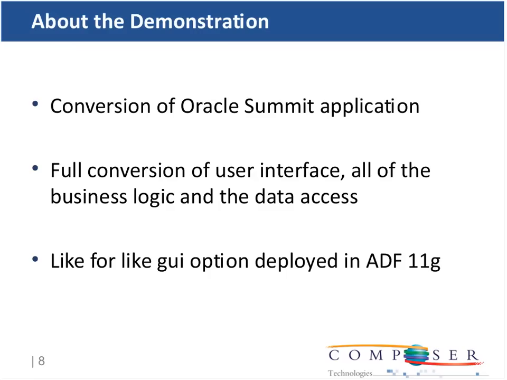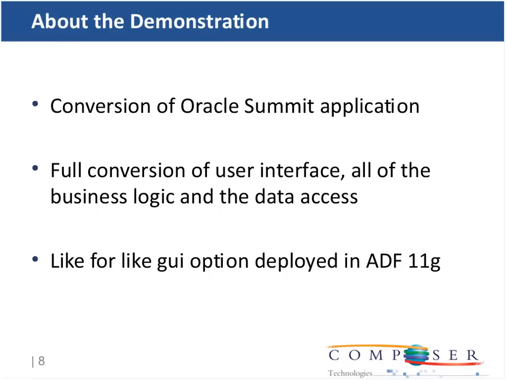Now, we're going to show you a like-for-like conversion, which is, we think, really a key approach to doing these migrations from Oracle Forms to Java. So the presentation layer will be deployed in the browser, and we'll show you a side-by-side so you can see it truly is a like-for-like. But just so you know, there is the option to do some modernization as part of the conversion.